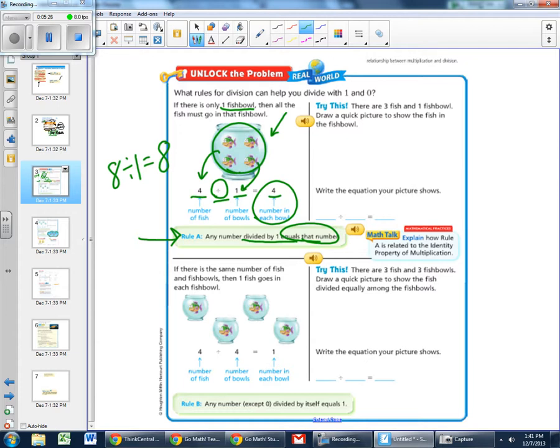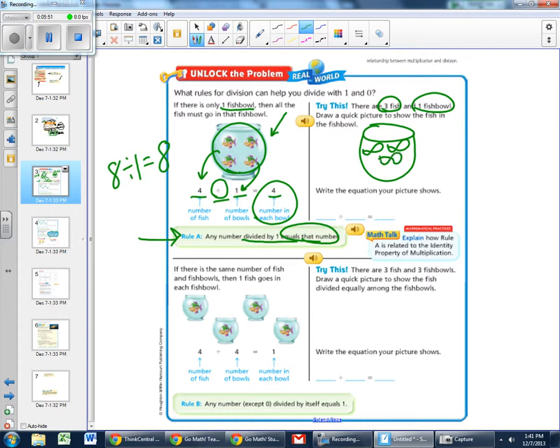On the next one over where it says try this, there are 3 fish and 1 fish bowl. Draw a quick picture to show the fish in the fish bowl. So we're going to draw a quick picture of our fish bowl. And we have 3 fish, 1 fish bowl. So here's a fish, 2 fish, 3 fish.